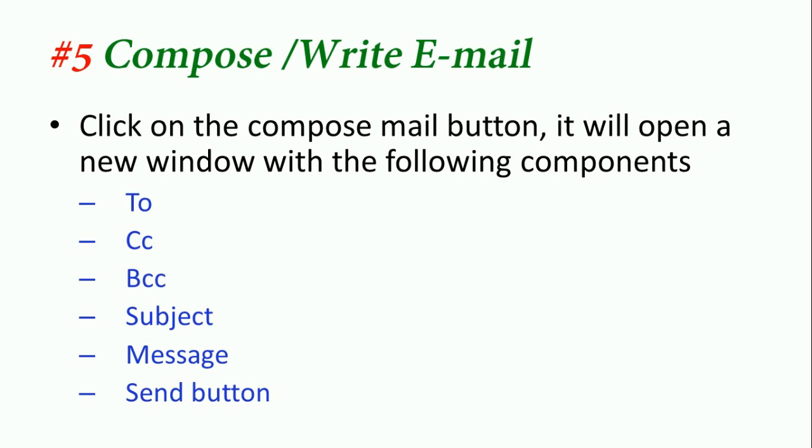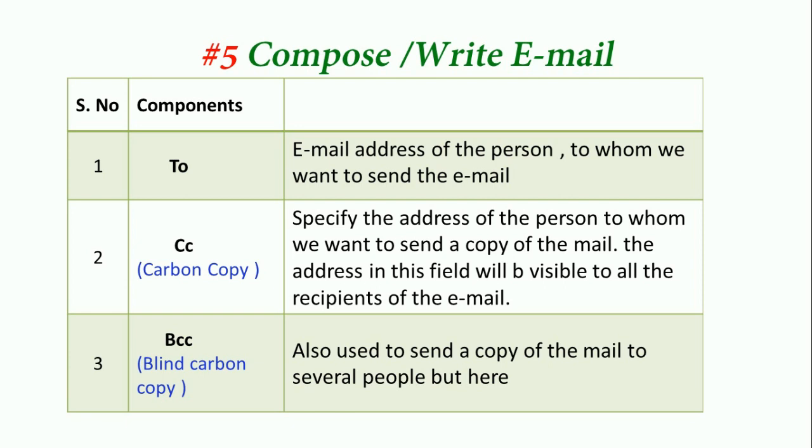Now let's move ahead and see it in detail. To is the email address of the person to whom we want to send the email, right? CC stands for carbon copy, meaning we specify the address of the person to whom we want to send a copy of the mail. For example, there are 2 students in the class who have not submitted the birth certificate yet. So we will send an email to their parents, right?